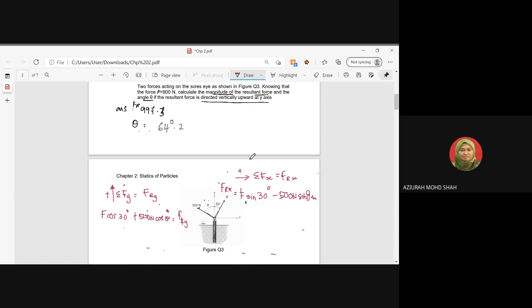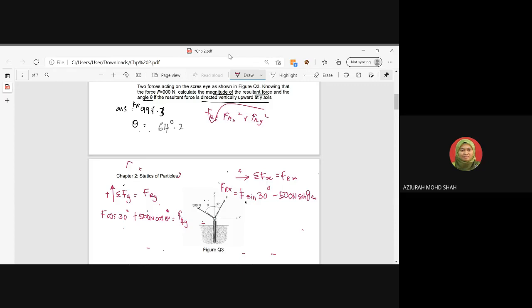Boleh dapat tak? Based on the statement, resultant force is directed vertical upward at y-axis. We know that the resultant force, FR, is the square root of FRX squared plus FRY squared.